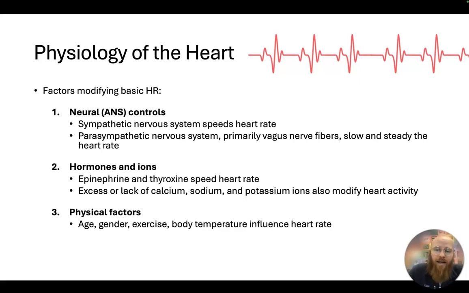We also have excess or lack of certain ions like calcium, sodium, potassium. This can modify our heart rate. And then finally, physical factors, like age, your gender, how much exercise you get and how fit you are, body temperature. All of these things can have additional inputs on how quick your heart beats.